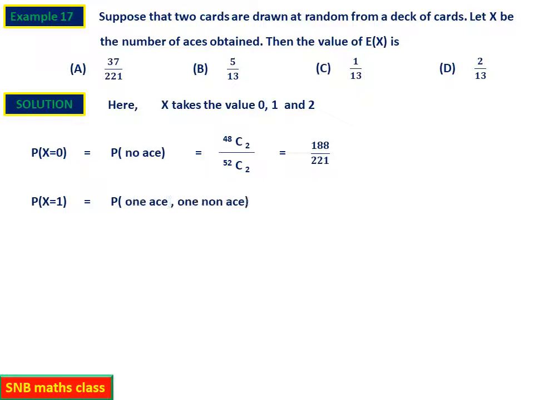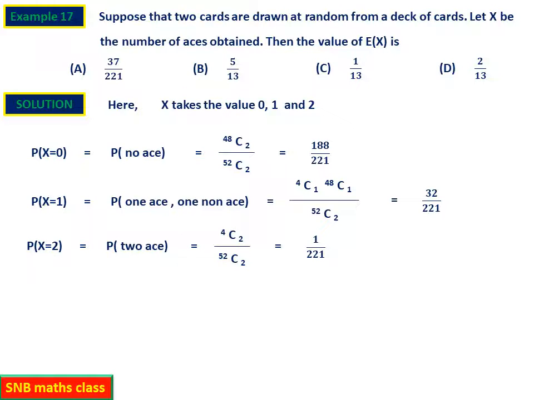Similarly, for probability x equal to 1 you have to calculate 1 ace and 1 non-ace. You should be careful here. 4C1 into 48C1 over 52C2, which will be equal to 32 by 221. And x equal to 2 means 2 aces, so 4C2 by 52C2, which is 1 by 221. You can check that the sum should be 1.